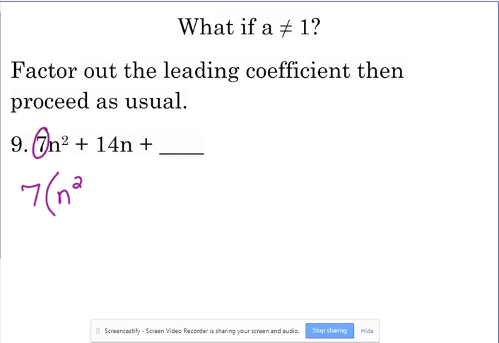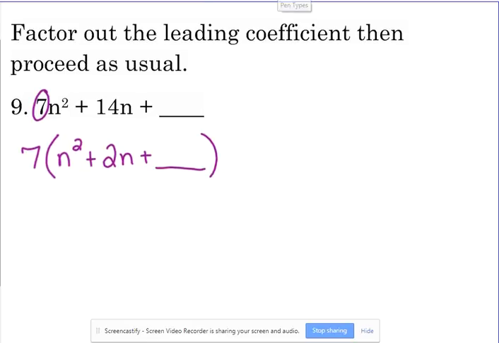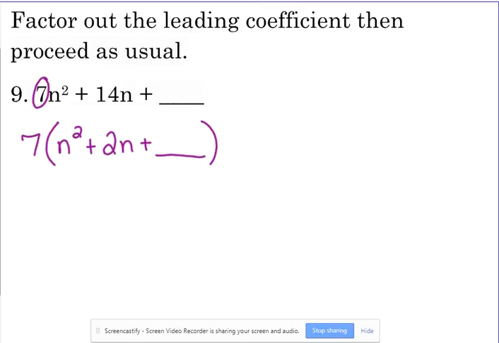So that leaves us with n squared. When we factor out 7 from 14, we're left with 2n. Okay, and we've still got our blank here. So now we are going to complete the square. But this time, our b has changed. Our b is now 2. So we divide 2 by 2, we get 1. 1 squared is 1.